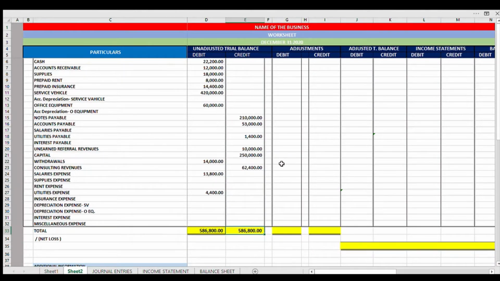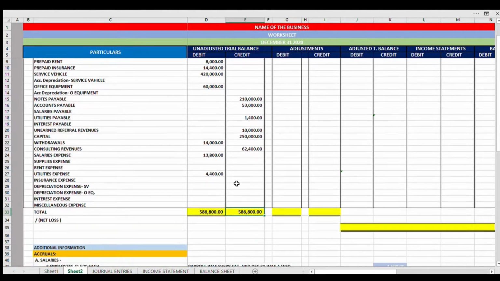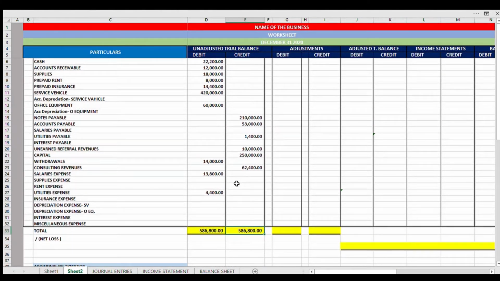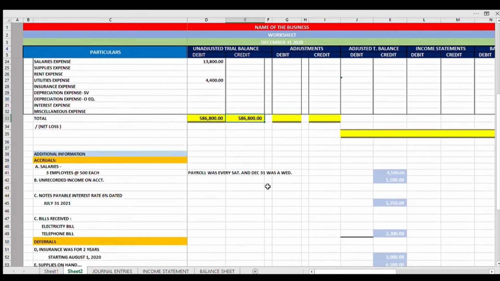Okay, so we can now go on with the next procedure, which is the adjustments. Pagka may balancing ng ganito, we can now proceed to the adjustments. And these adjustments will be provided by the information.